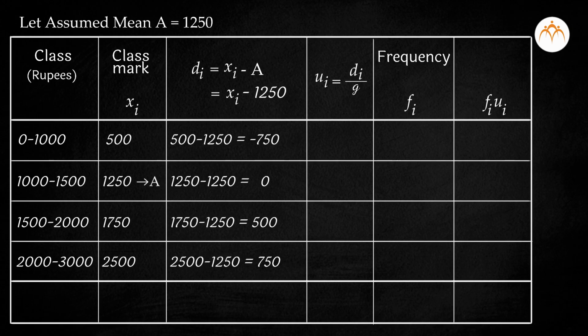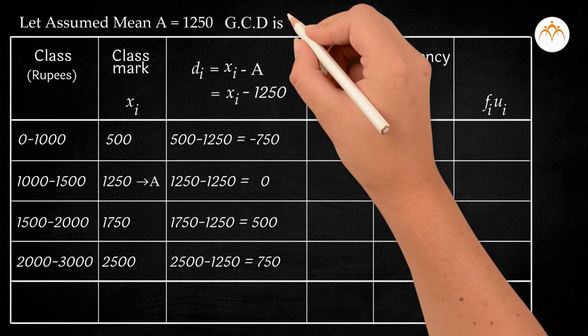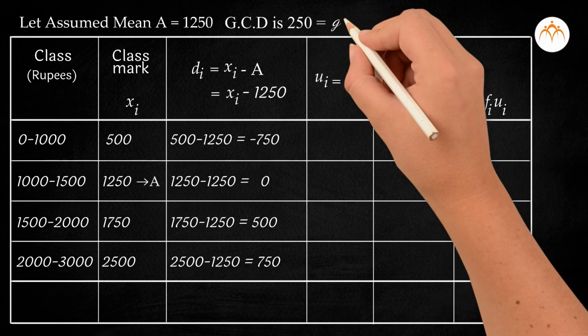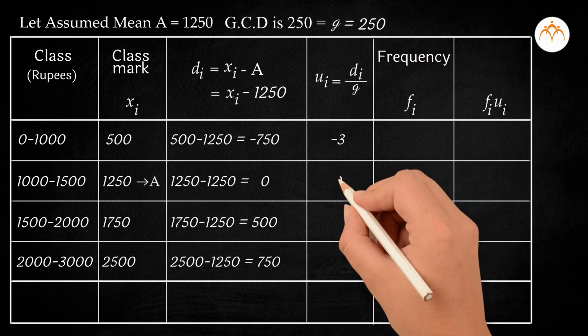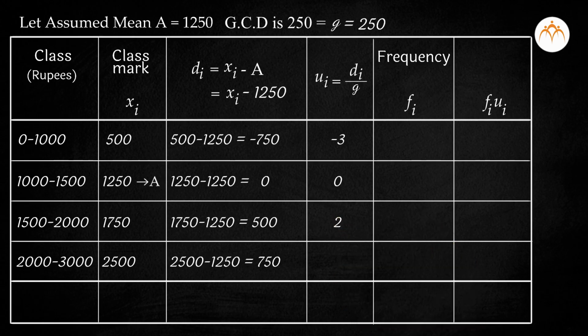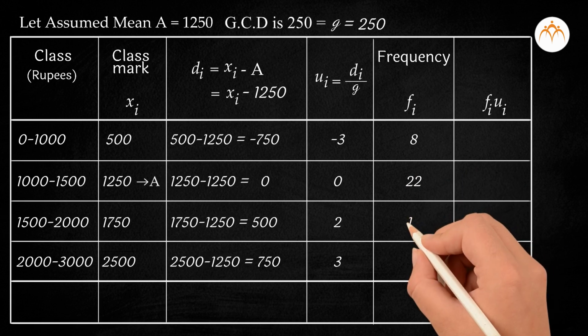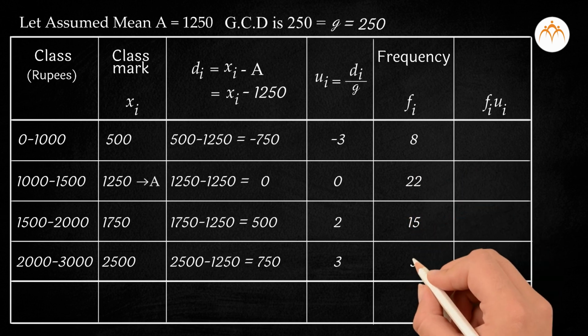Let's calculate ui, that is di divided by g. Examining all di, GCD is 250. Therefore, g is equal to 250. Minus 3, 0, 2, 3. Let's write down the frequency. 8, 22, 15, 5.